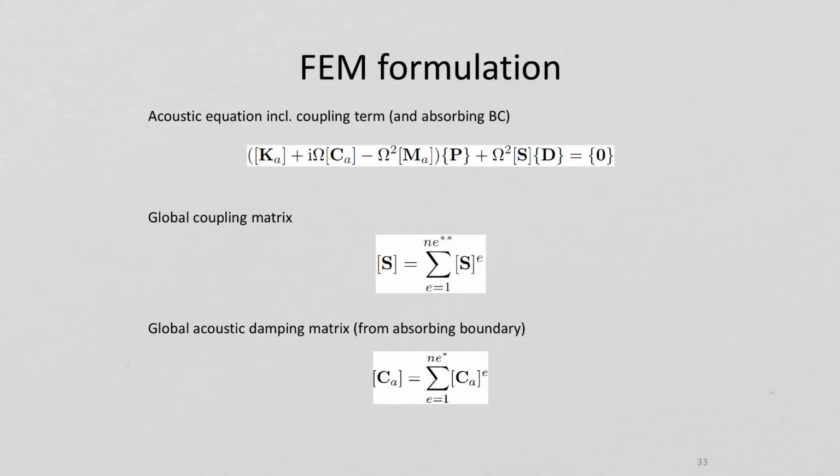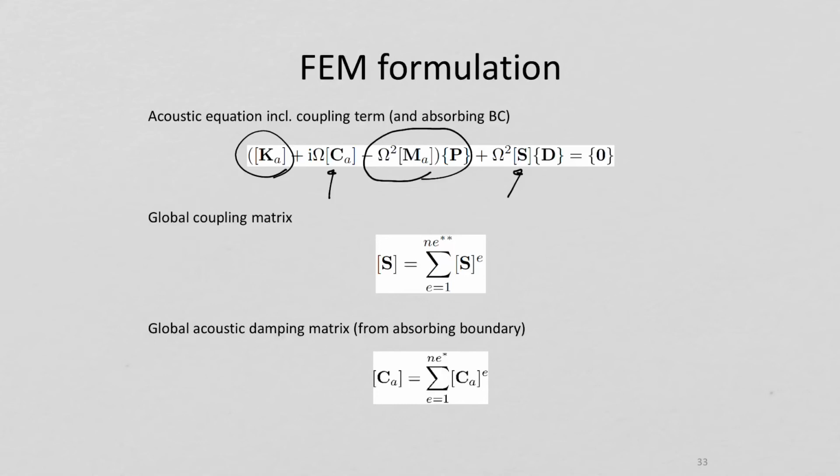So this might look a little bit confusing, but putting everything together, assembling to the global equations, we see that if we separate all these terms that we have up here, this one we had last time, this one we had last time, and then the new two extra terms are a damping matrix coming from an absorbing boundary and a coupling term that couples to the vibrations of the plate, right?